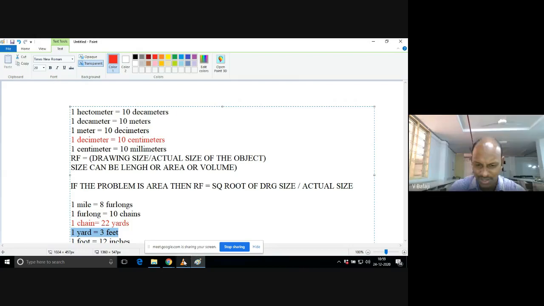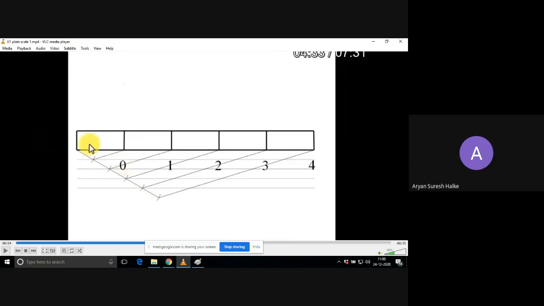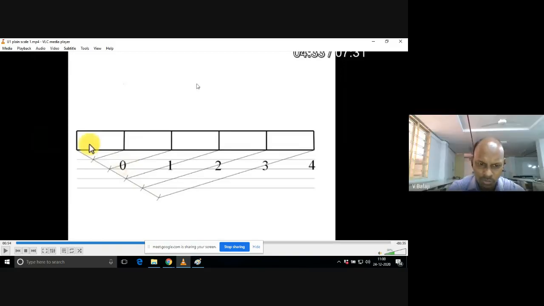Now, accordingly, you need to divide this particular first part. As you said, in the first part, 1 decimeter is there. 1 decimeter is equal to how many centimeters? 10 centimeters. So divide this first box.